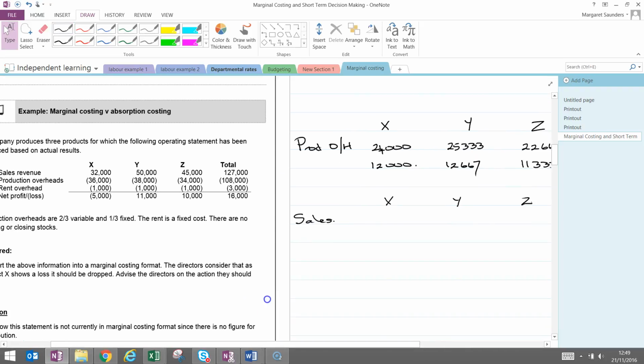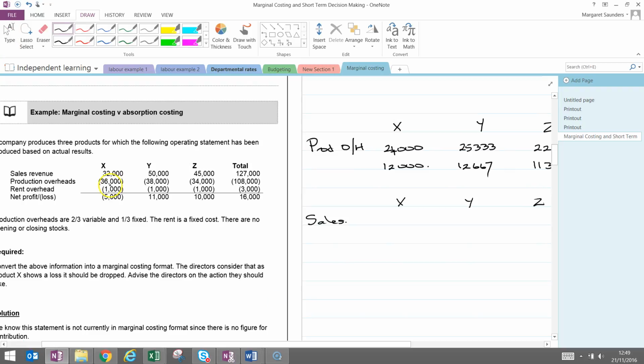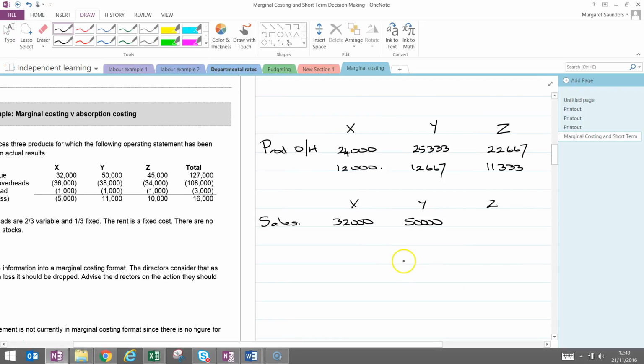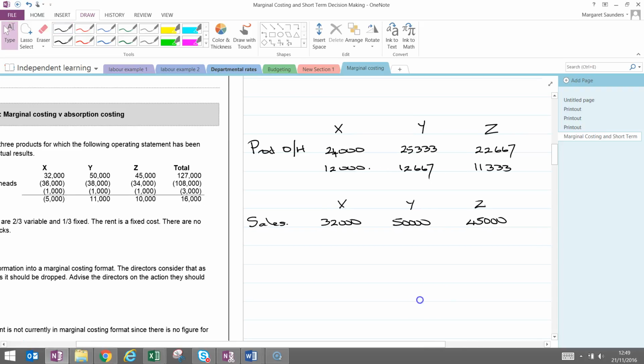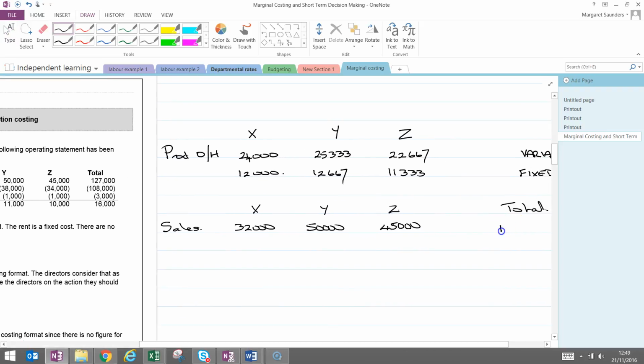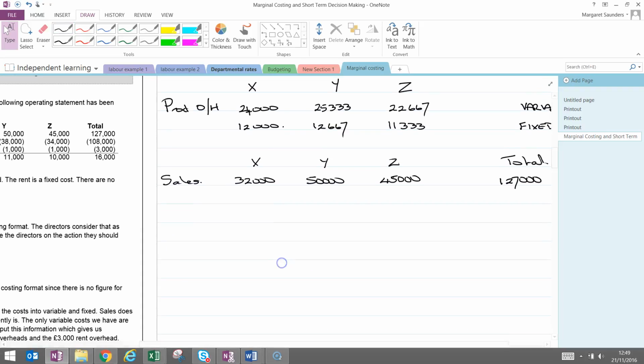So our sales, we've got 32,000 for product X, 50,000 for product Y, 45,000 for product Z. Adding them all together means our total sales 127,000. Now we're going to take away our variable costs, and that will give us contribution.